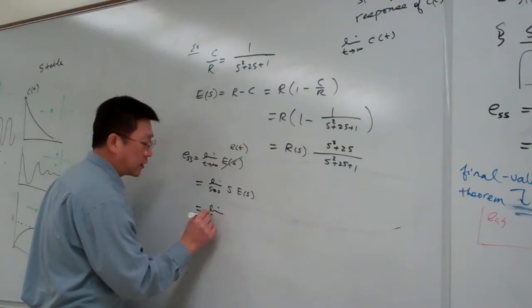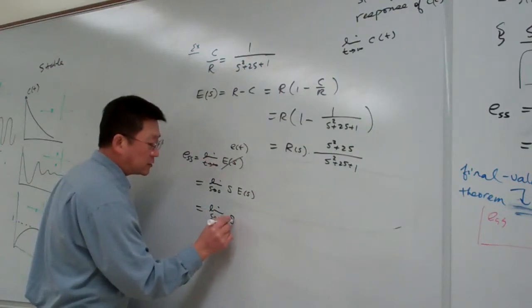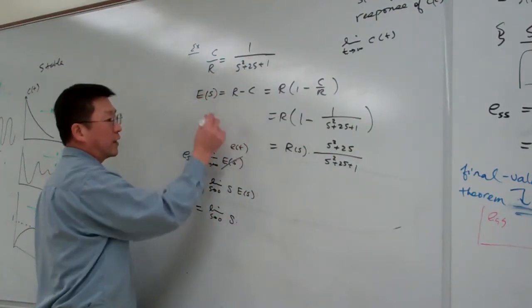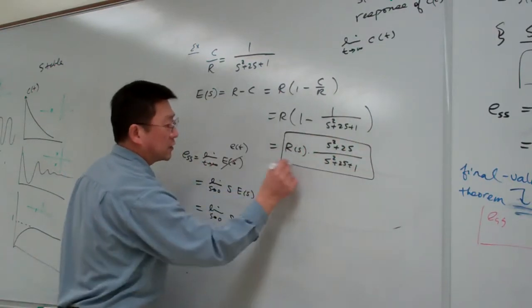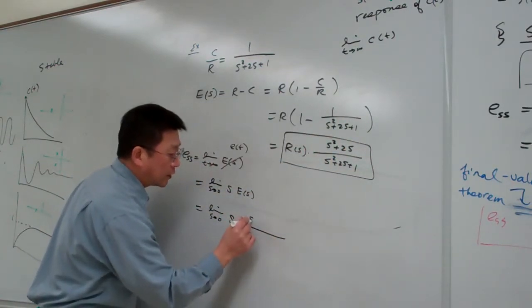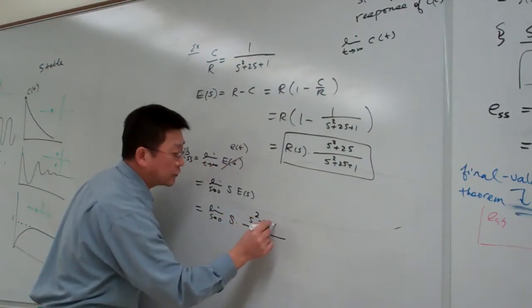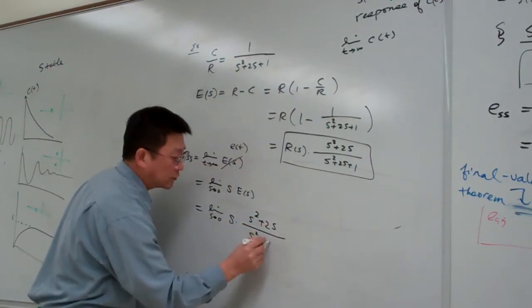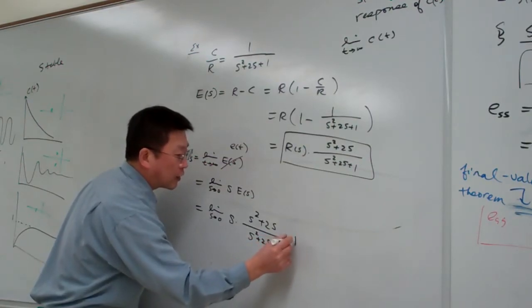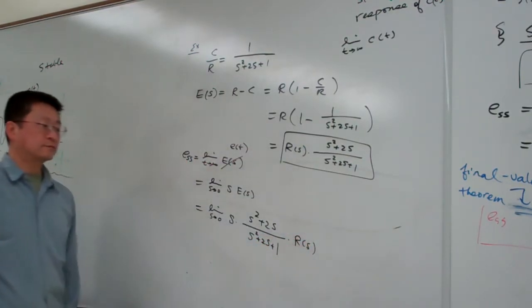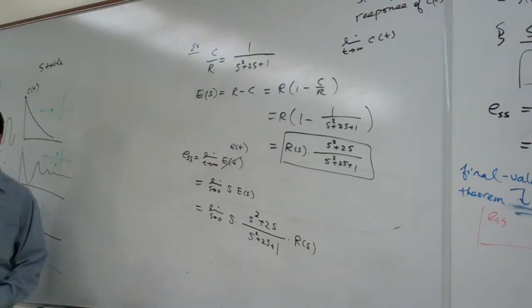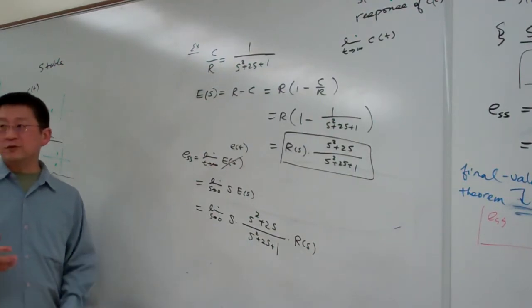The limit as s approaches 0 of s times, and then we plug in E of s by this equation here: s^3 plus s^2 plus 2s over s^2 plus 2s plus 1 times R over s. Good.